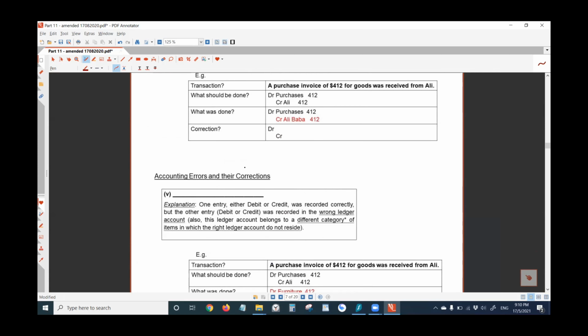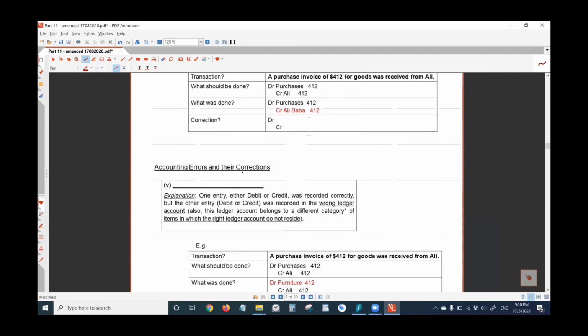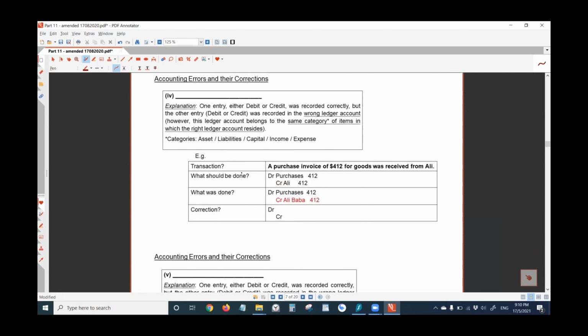On this page, page 180, you go up and fill up the blanks first. Here you write, this is error of commission. This is error of principle.